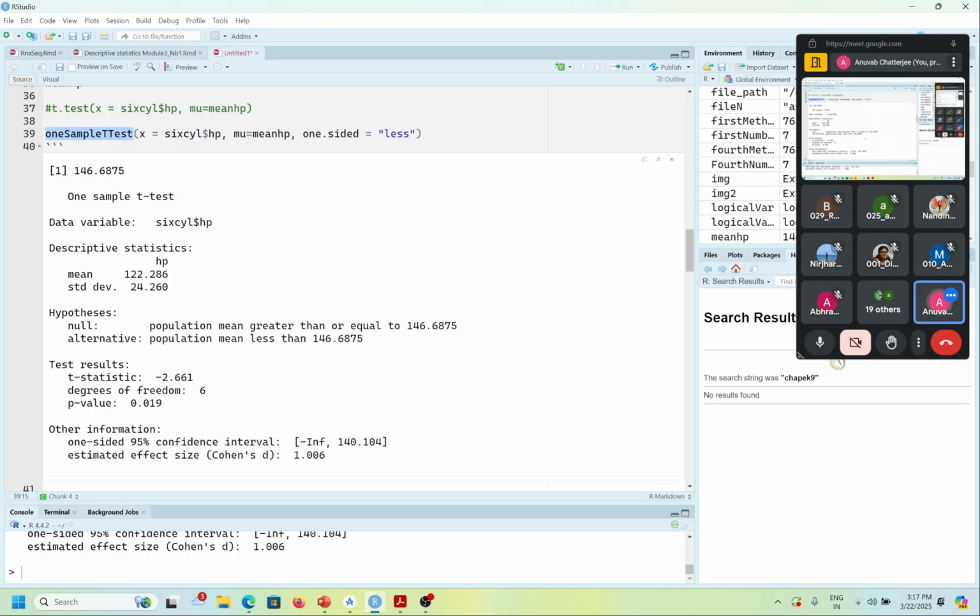So one sample t-test is especially powerful when you're dealing with a small sample and you're trying to figure out where it lies as compared to the entire population. As I said, you wanted to figure out if the marks that you are getting in mathematics in the biotechnology department are less than or more than as compared to the entire college. So this is the test that you will use.